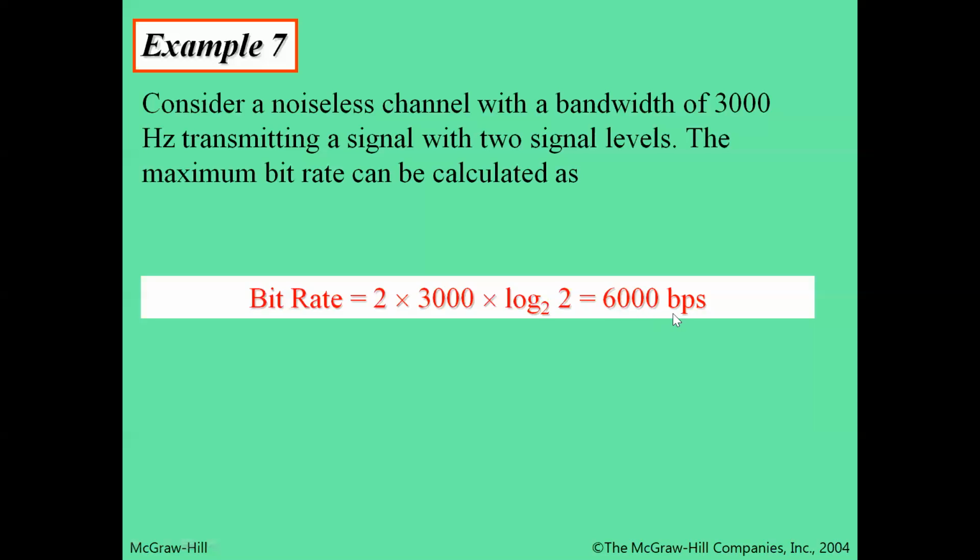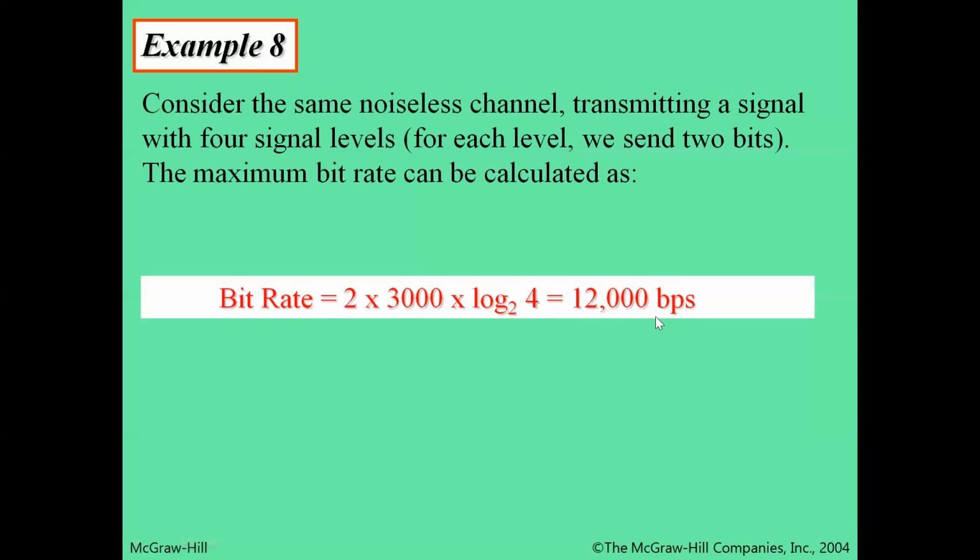bps means bits per second, through which we calculate the capacity by speed, or it can be represented as 6 kbps. Next example: consider the noiseless channel transmitting a signal with 4 signal levels. Everything is the same, just instead of 2 signal levels, now we have 4.